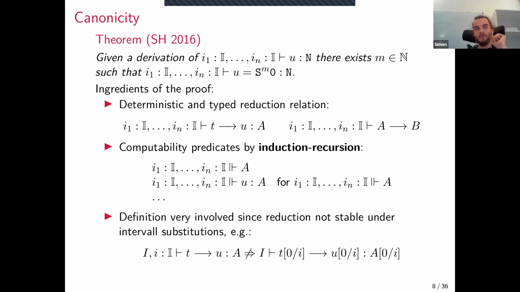So if I have a line here which reduces to another, then I don't necessarily have that the corresponding points are also reducts in this reduction relation. So this is quite involved, but after all, it gives a very syntactic presentation of the model, and it tells us that it's useful to use this as a programming language.